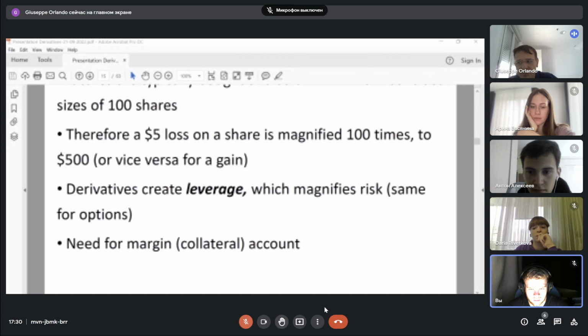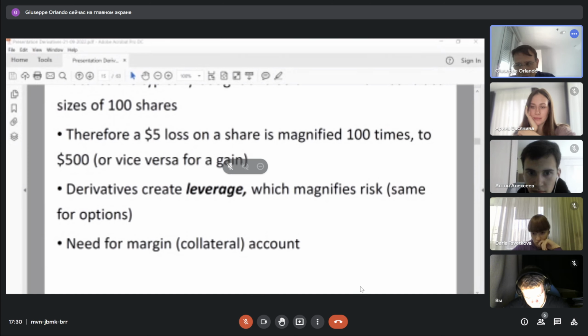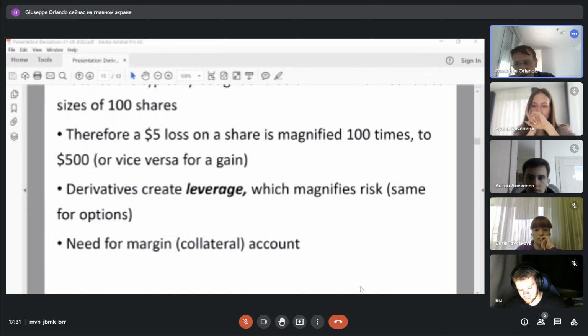Okay. So it's more practical, but on the other side, you bear a higher risk. In the example that we made before, you spend 20.